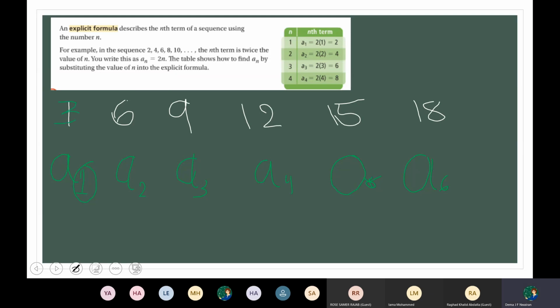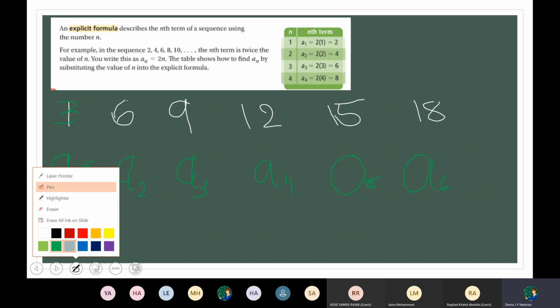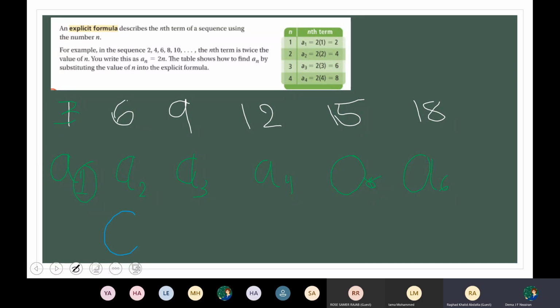Here it is 3, sorry. 1, 3, 2, 6, 3, 9. So, I will say that A sub n is. How can the 1 be 3 and how can the 2 be 6? I'm multiplying it by 3.